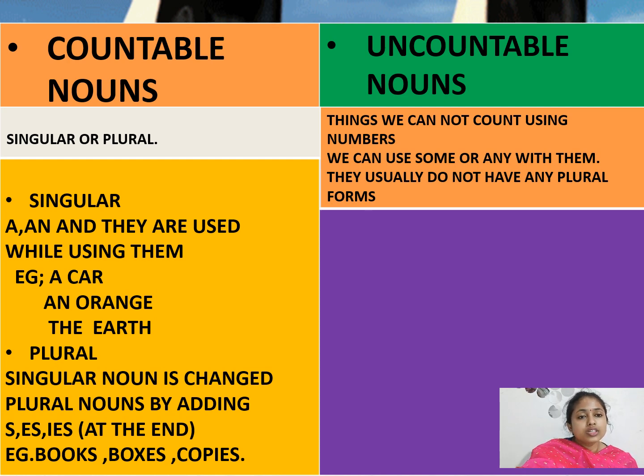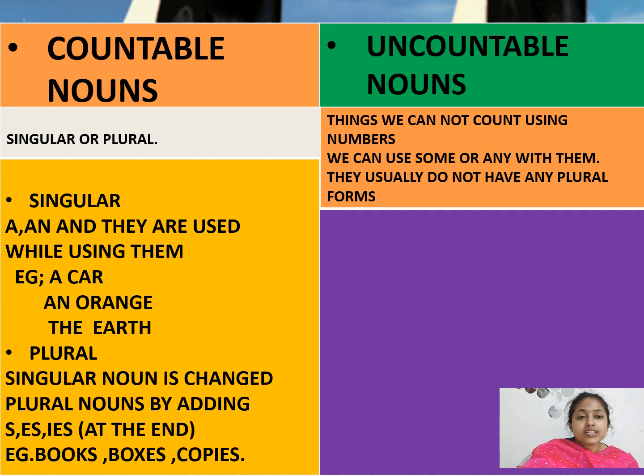And let's now learn how to frame plural countable nouns. Singular nouns can be changed into plural nouns by adding s, es, or ies at the end of a word. Let's see. For example, if a word is book. Book is a singular noun.